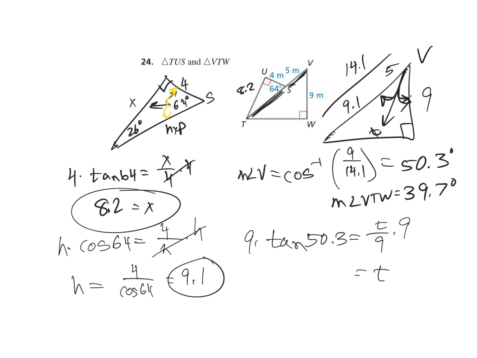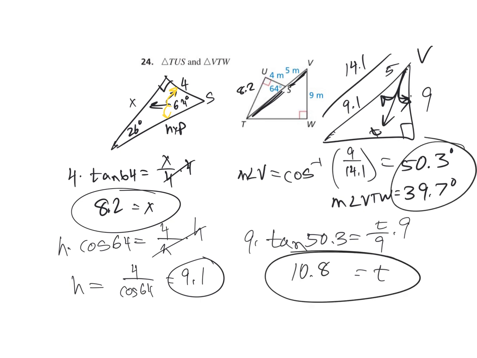And so t is going to be the tangent of 50.3. Tangent of 50.3 is 1.2045 times 9. So that's 10.8. So there are all your pieces of the puzzle. And that's it for your assignment.